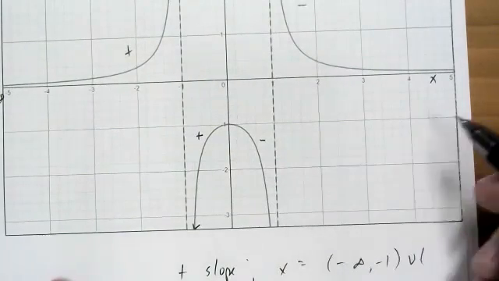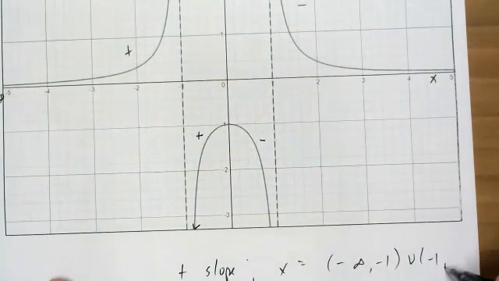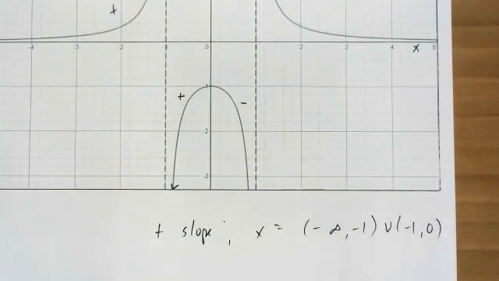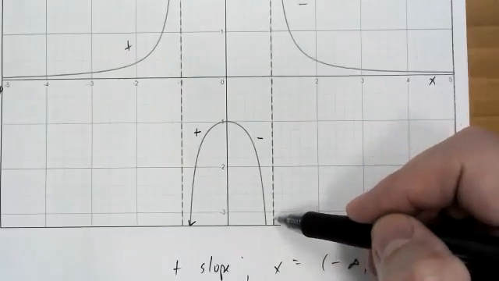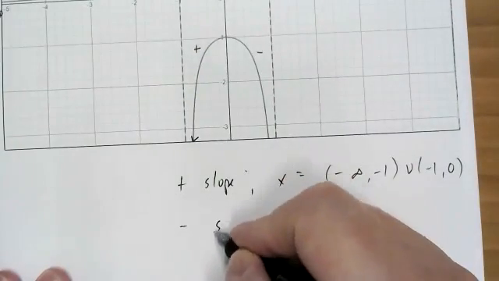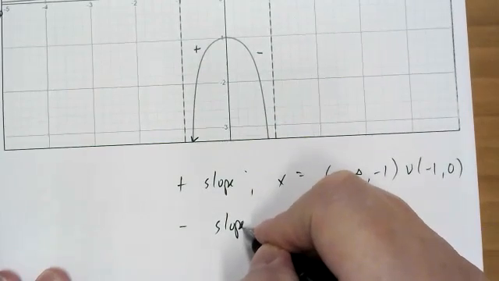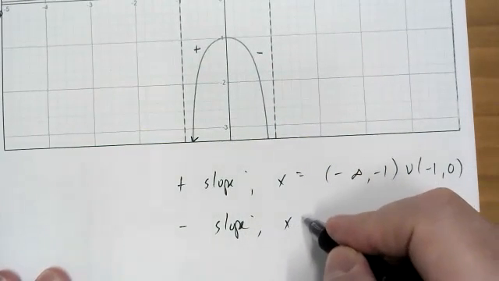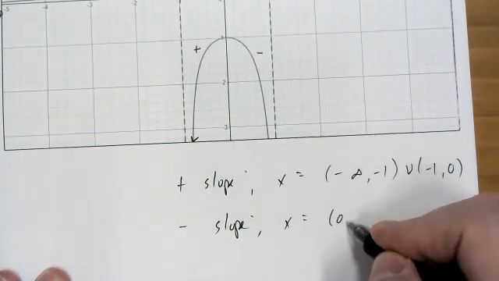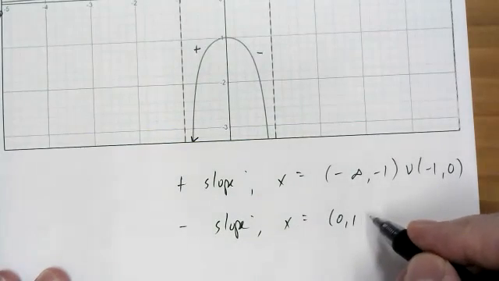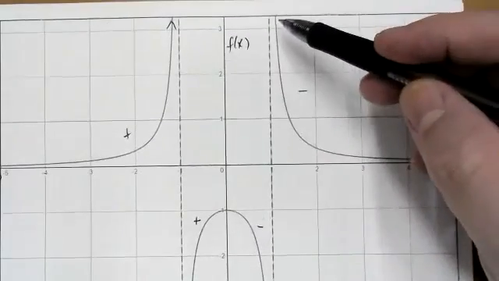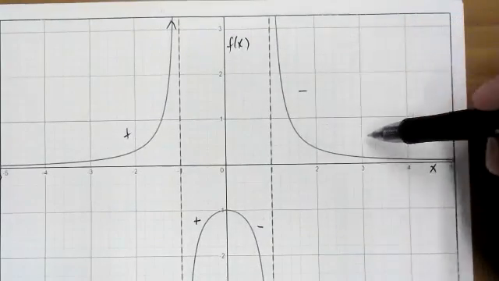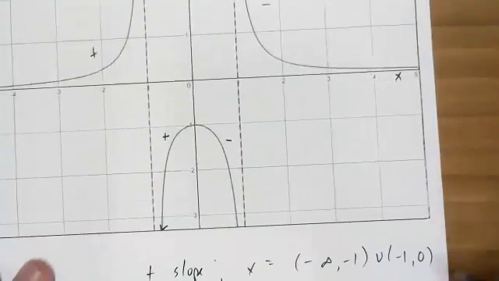It's -1 to 0. So there are the two intervals where the slope is positive. Where's the slope negative? Starts here at 0 and goes to 1. Where else is it negative? From 1 to infinity.